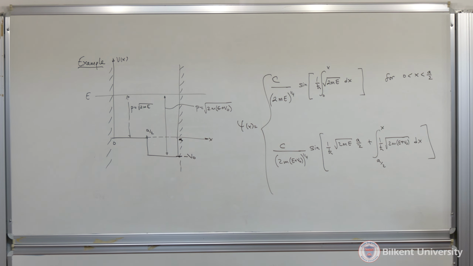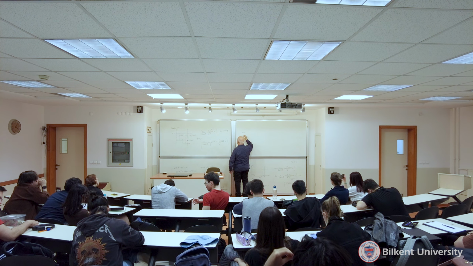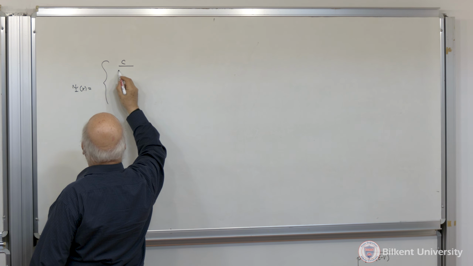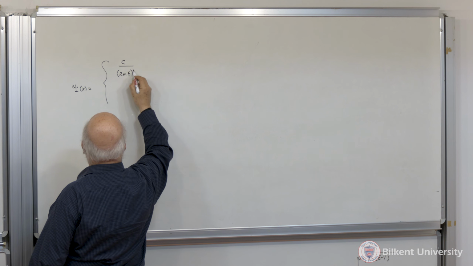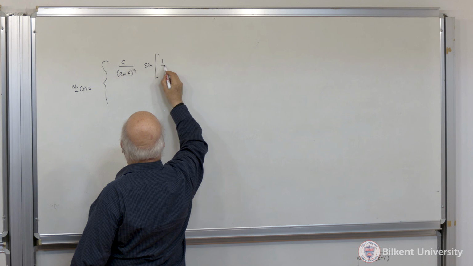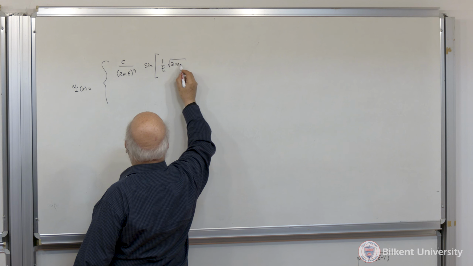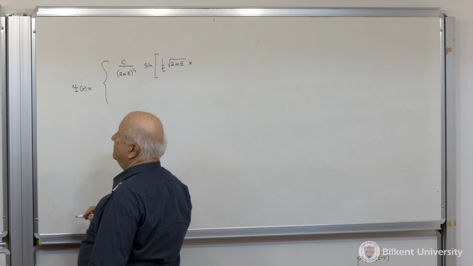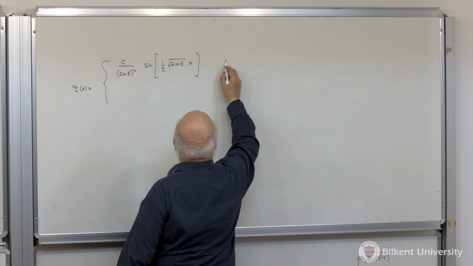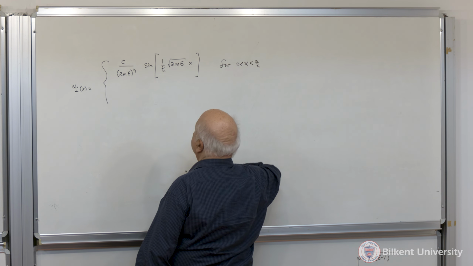Okay, so let's see, psi of x is going to be equal to two possibilities: C over (2m(E))^(1/4) sine of 1 over h bar integral of the square root of 2mE dx, for x between 0 and a over 2.